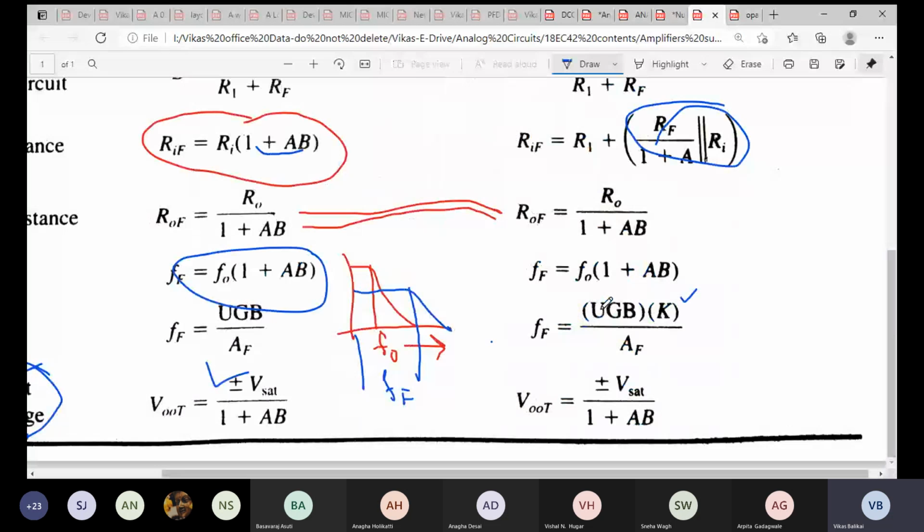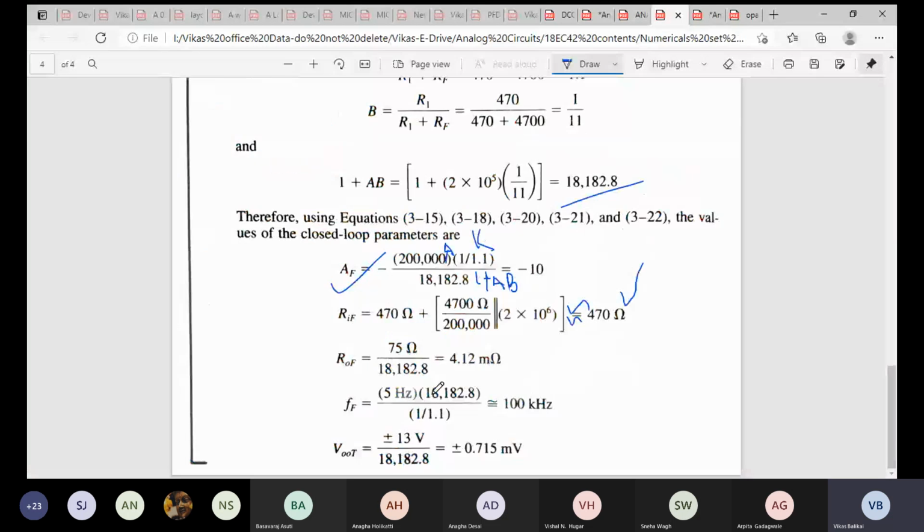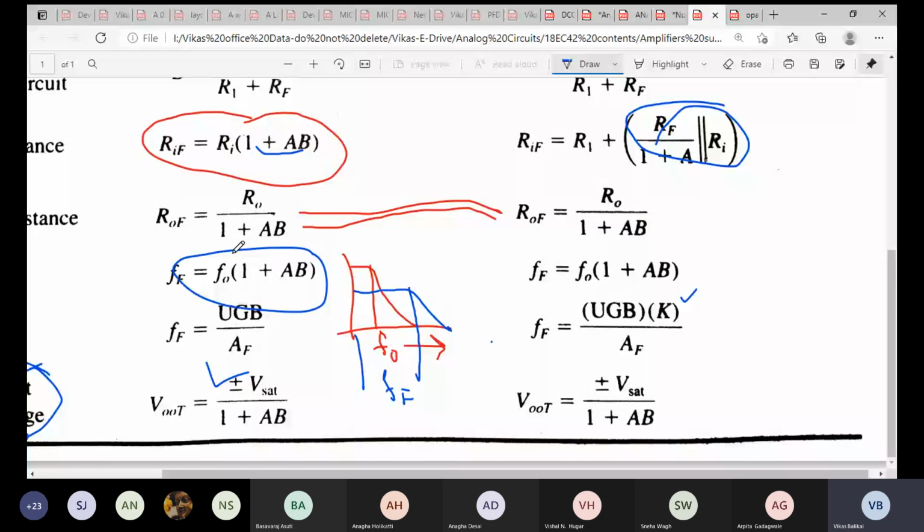And finally the FF value pertaining to your inverting configuration will remain the same, that is UGB, the unity gain bandwidth, divided by AF. The only thing added over here is that the K term will get added. So basically UGB and F0 times 1 plus A beta.